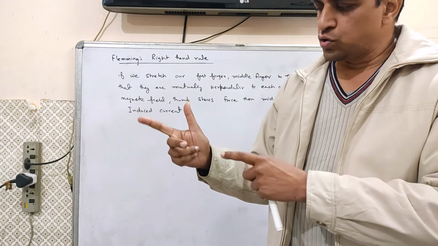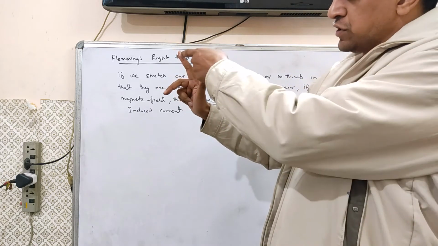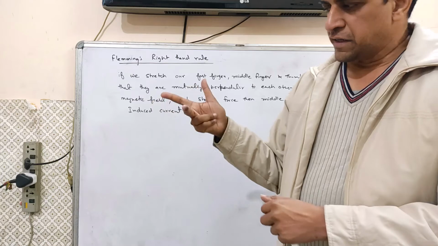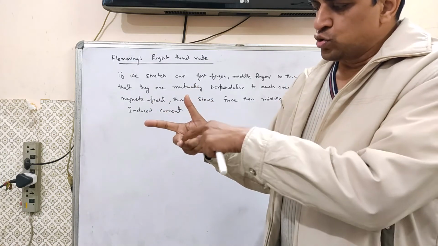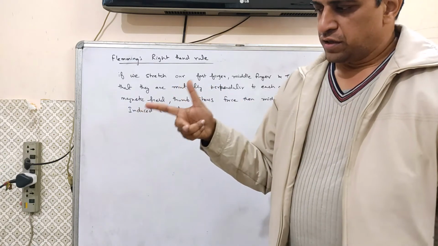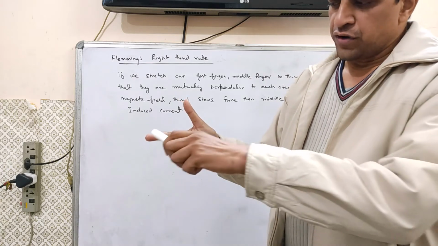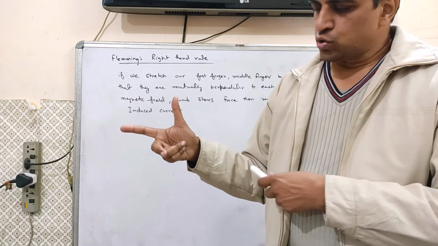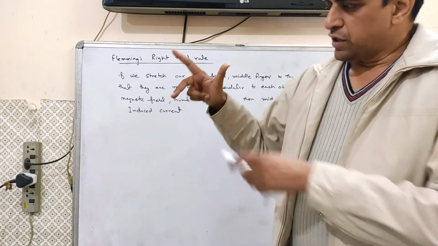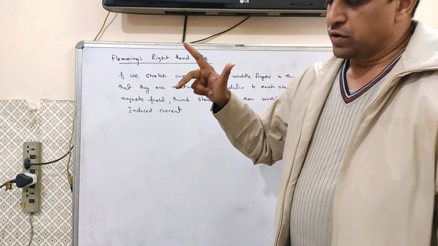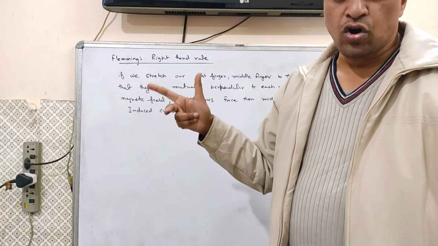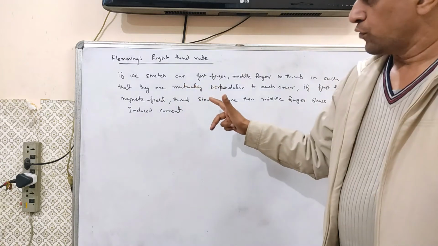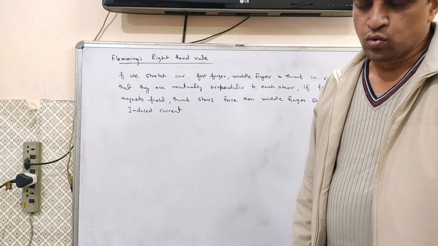According to this rule, if we stretch the first finger, middle finger and thumb of your right hand in such a way that they are mutually perpendicular to each other, and if the first finger shows the direction of magnetic field and the thumb shows the direction of force, then your middle finger will show the direction of induced current.